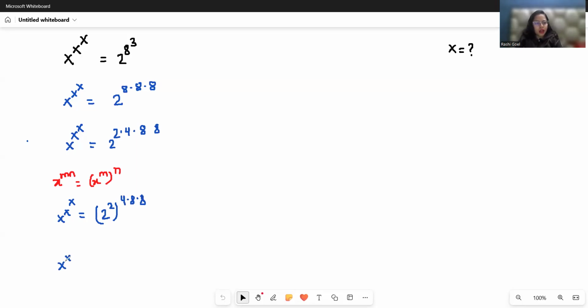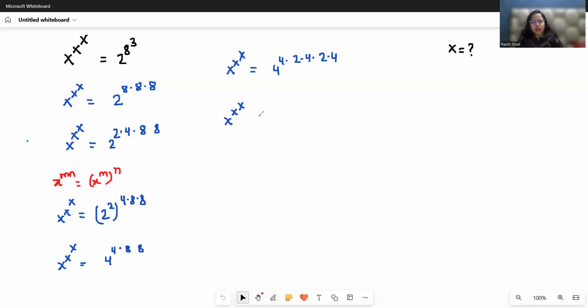Now x^x = 4^(4×8×8). Now again this 8 I can write as 2 times 4, and this 8 also as 2 times 4.